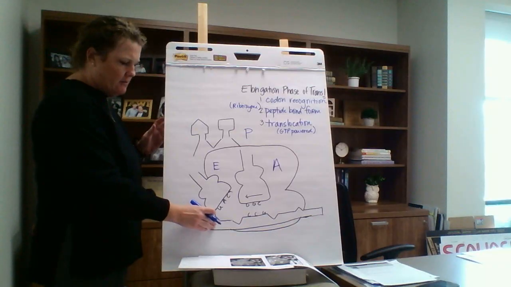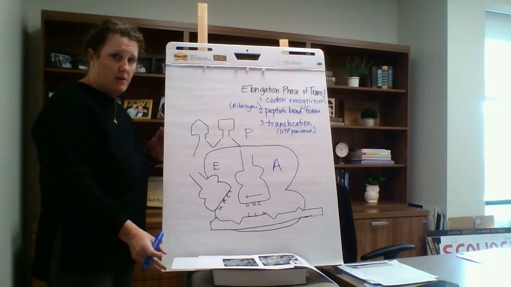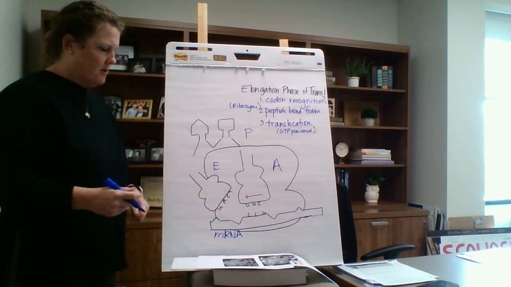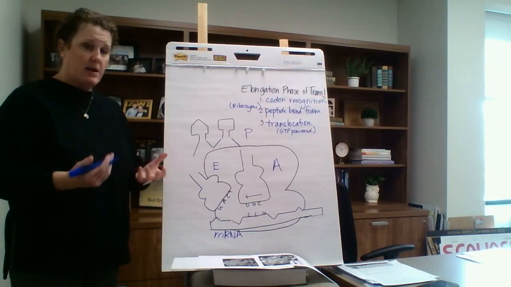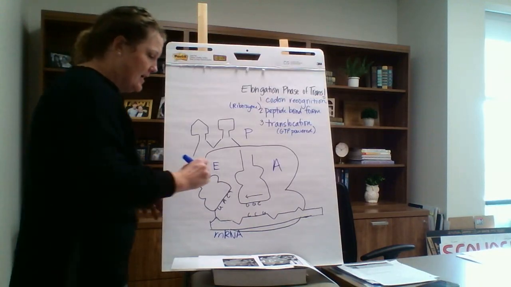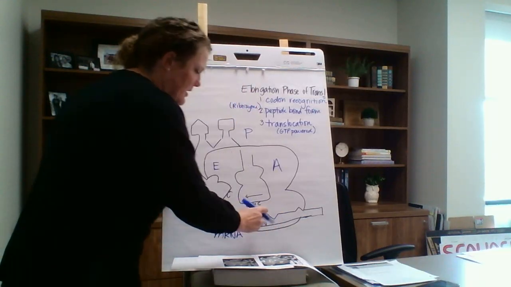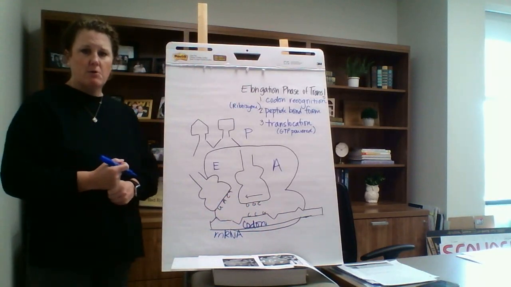Now down here, we have our mRNA molecule, okay? So down here you can see our mRNA molecule, and our mRNA molecule is the one that has the codons. So this particular 3-letter sequence here represents our codon.